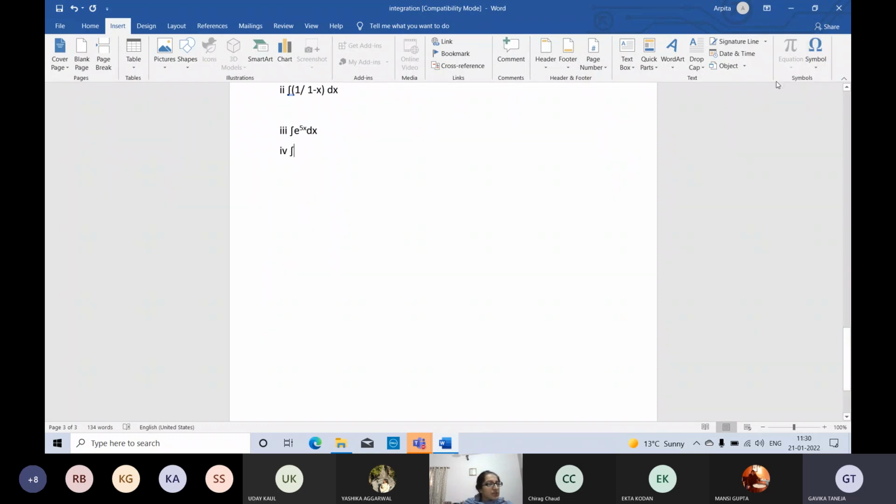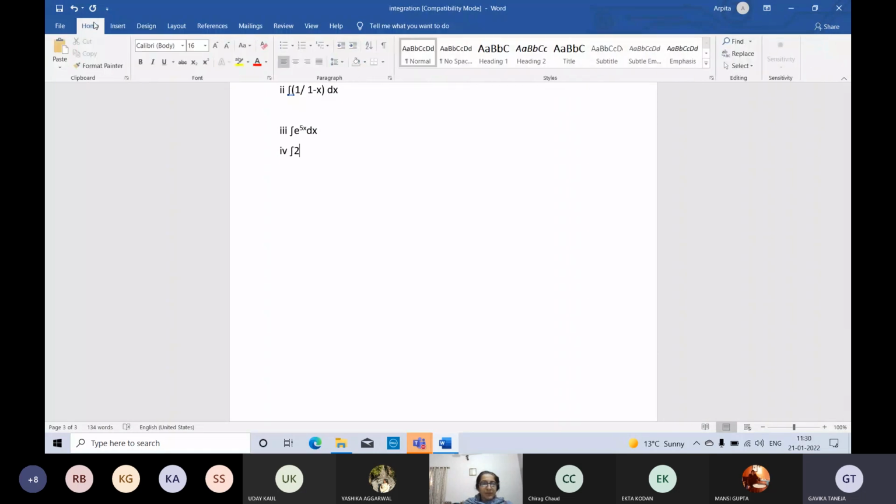So I have the question. It says 2 to the power 3 minus x. This is what I have, 2 to the power 3 minus x.